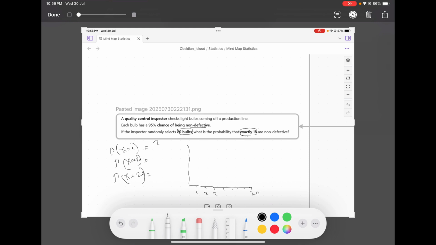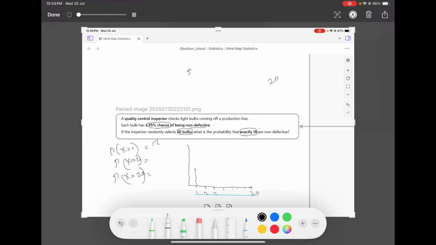Now let us look at the formula, then we can calculate the probability. Just by intuition you can see that each bulb has a 95% chance of being non-defective.